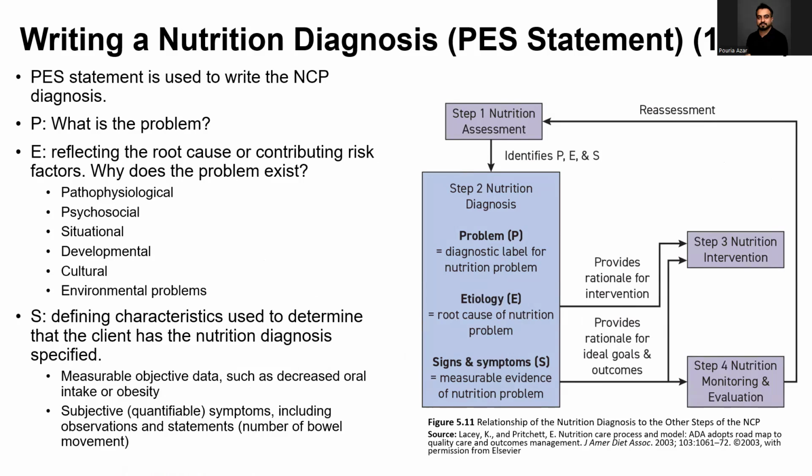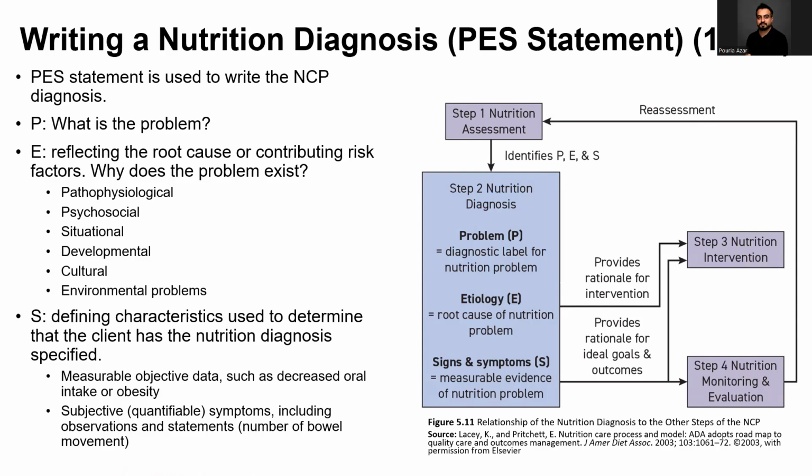E stands for the root cause of the problem. Why does the problem exist? And S stands for signs and symptoms, or like the characteristics of the problem.